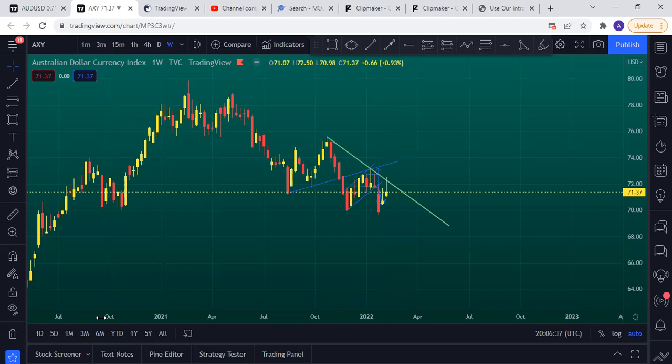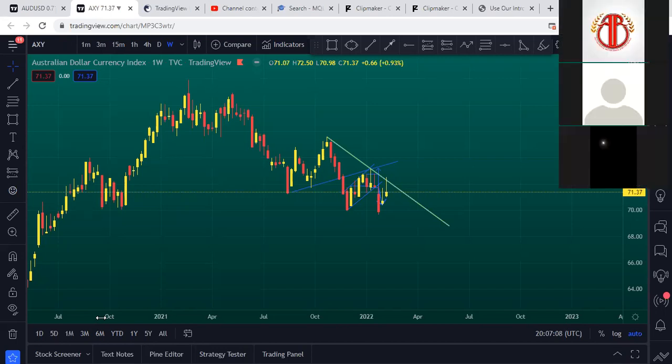So currently, my bias for the Australian dollar is a bearish bias. That's my current bias on AXY. Apologies, I'm trying to just document a couple of things so that I can run a more detailed comparative analysis. So currently the outlook on AXY is bearish.